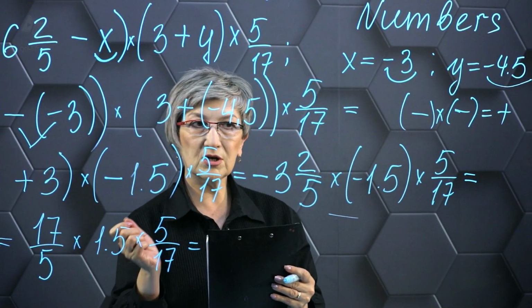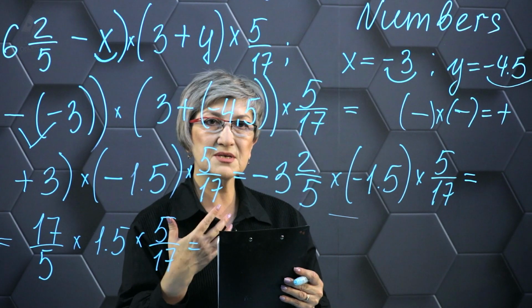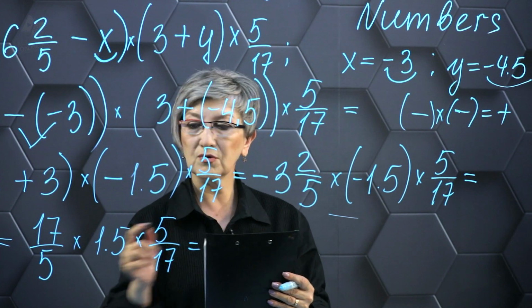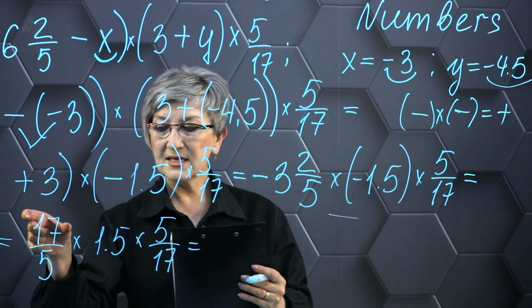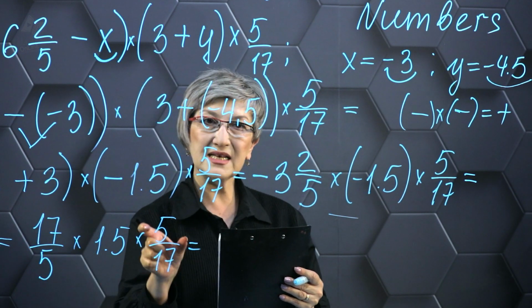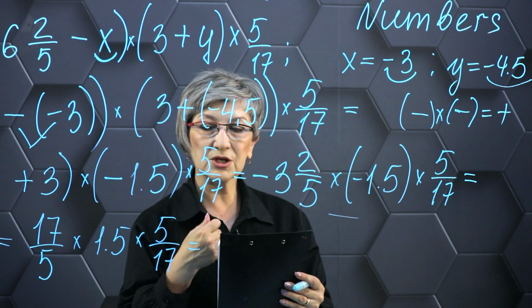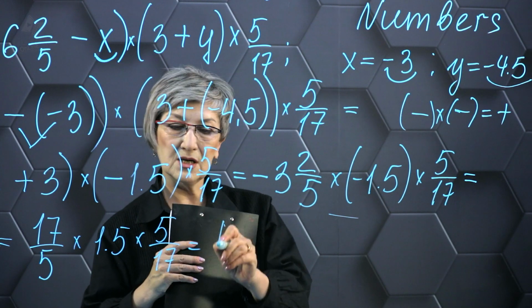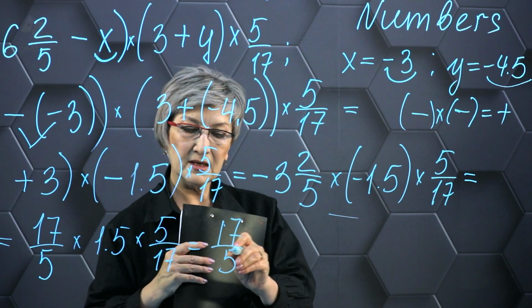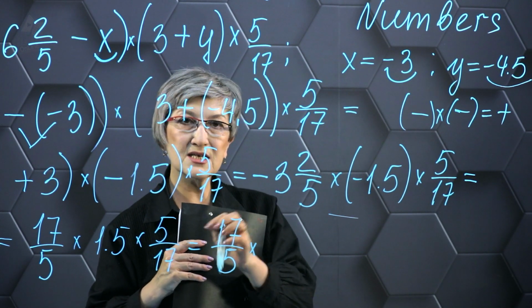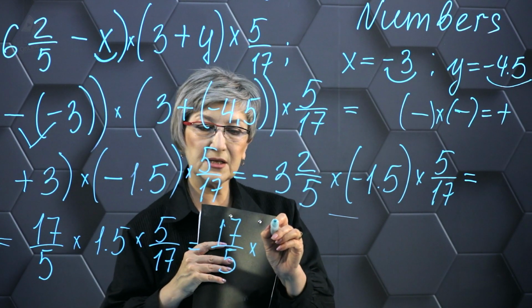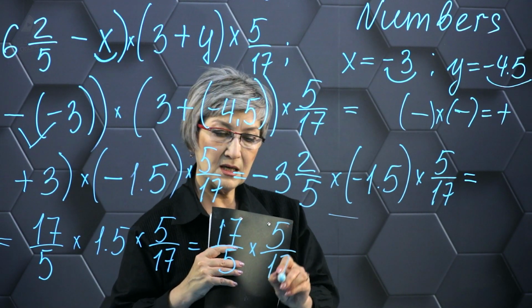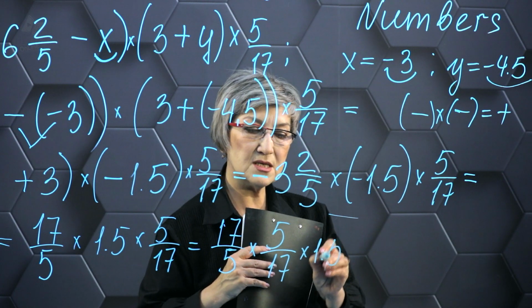You can see that I did not write the number 1 whole 5/10 as an ordinary fraction. Why not? Because I see that I can multiply the two multipliers, 17/5 and 5/17. Applying the commutative property, I move our multiplier: 17/5 times 5/17, and multiplied by 1.5.